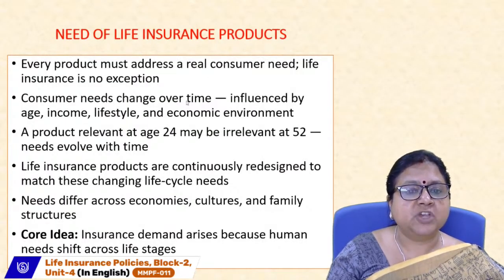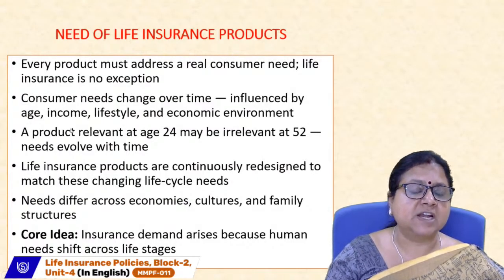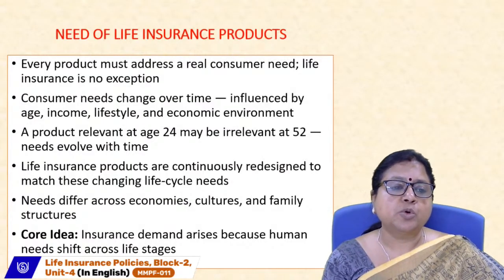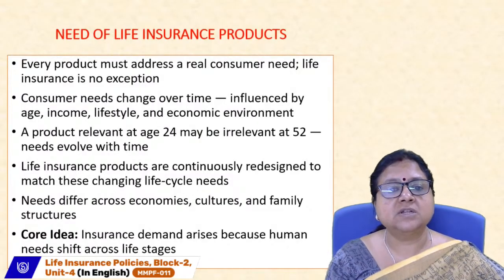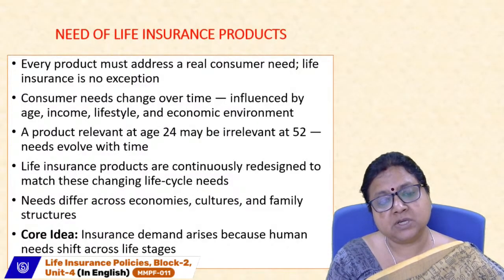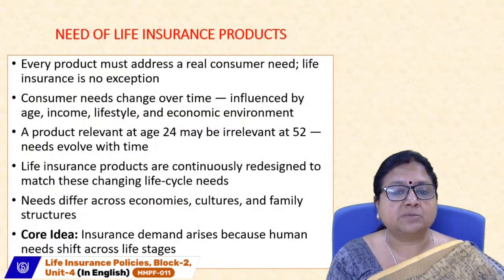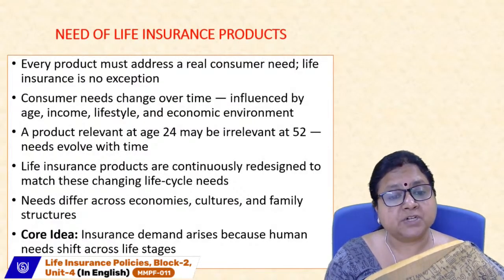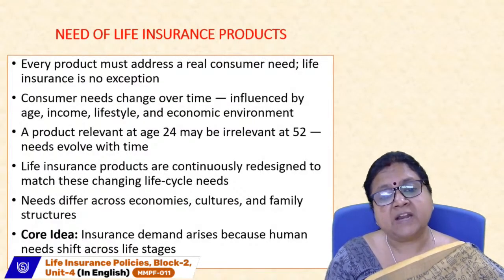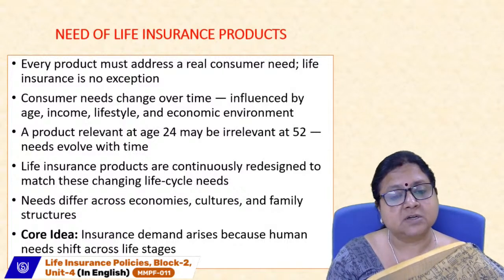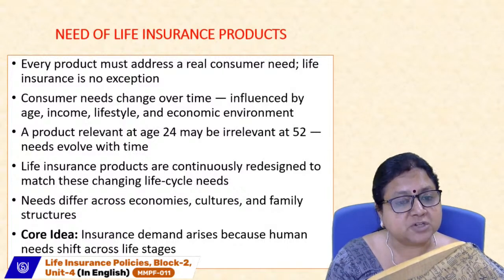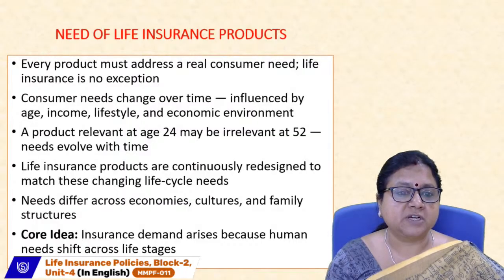Customer needs change over time, influenced by age, income, lifestyle, and economic environment. A teenager will have different types of needs. A person who is just married will have a separate type of need. A person who is at the verge of retirement will have a separate type of need.